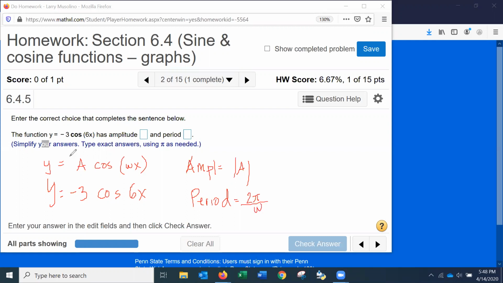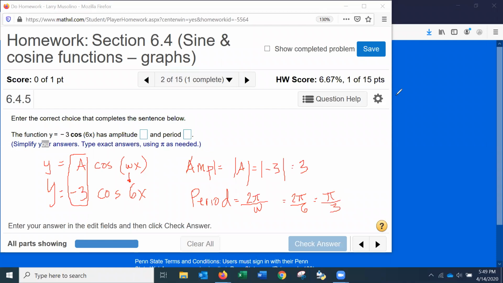For the amplitude, our a matches up to -3. But remember, the amplitude is the absolute value of a. So I've got to take the absolute value of -3, which is +3. For the period, our coefficient here of omega matches up to 6. So this is going to be 2 pi over 6, which I can simplify to just be pi over 3.